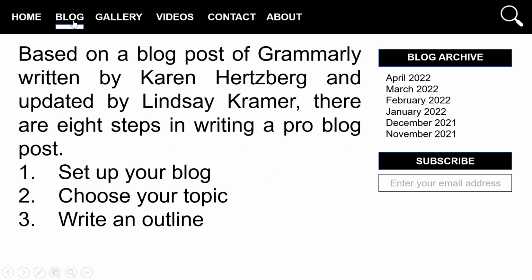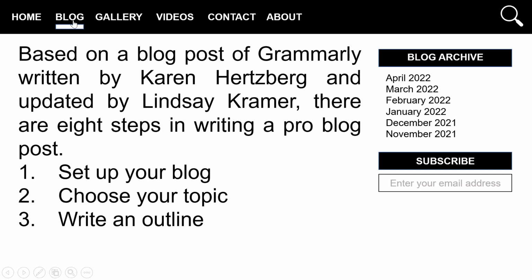Now, a blog post is the content that you do in your blog. Based on a blog post of Grammarly written by Karen Hertzberg and updated by Lindsay Kramer, there are 8 steps in writing a pro blog post. Number 1 is set up your blog. Later, I am going to help you in setting up your blog.